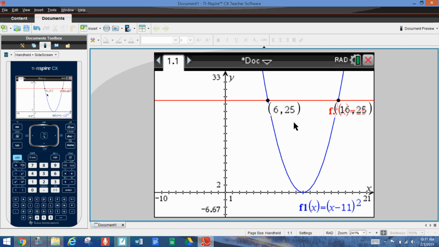So it's 6 and 16, right? We're checking horizontal distance, horizontal distance about the x-axis. So it's right here. You're not going to take y because it's all to the side. So the distance is between those 2 points. 16 minus 6 is 10. Okay? That's easy.